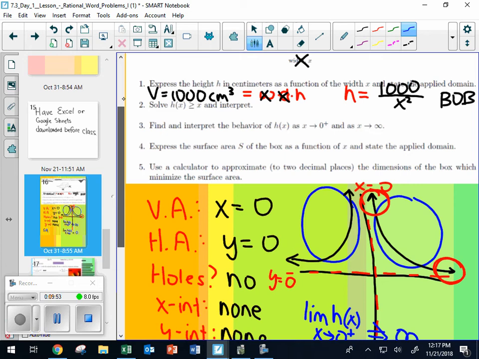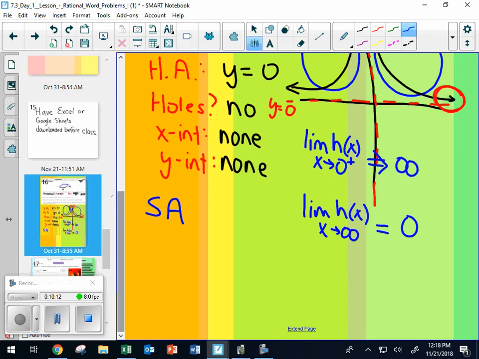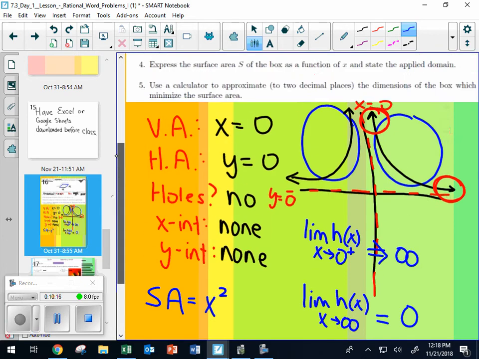And if we look at our box, we have a few little pieces that we have to put together, right? One of the pieces is just the base, which is down here. What would the area of that be? Just the base. X squared, just x times x. So we know that our surface area is equal to x times x, which is just x squared.